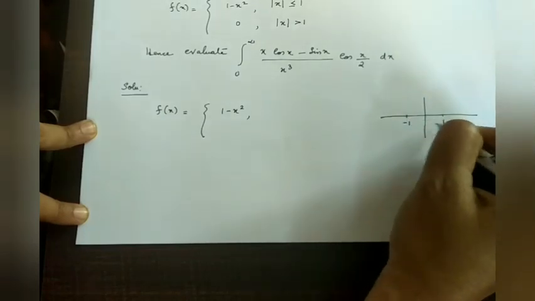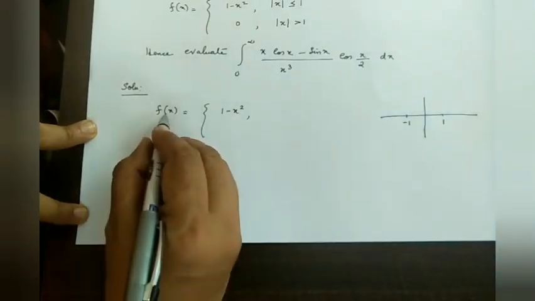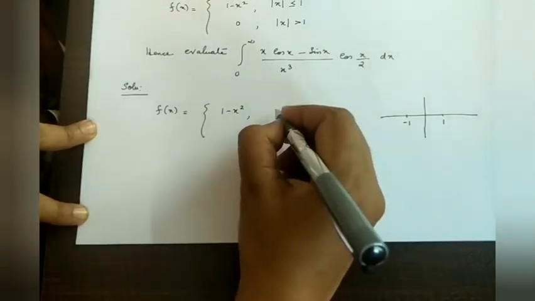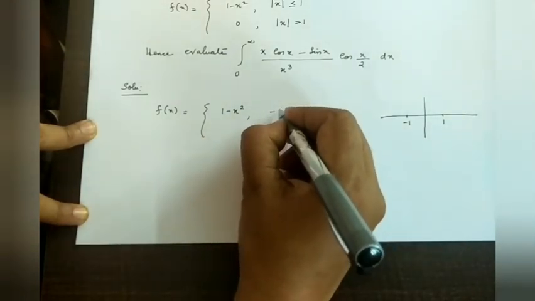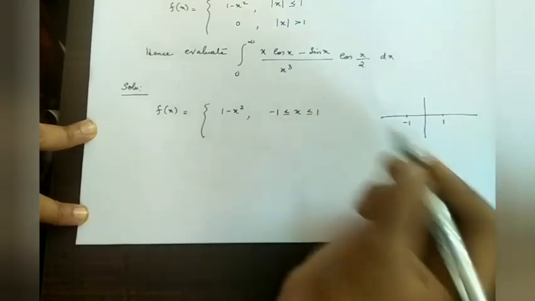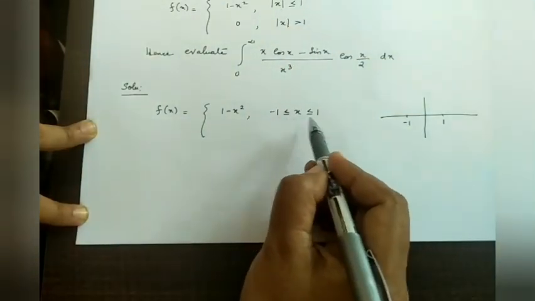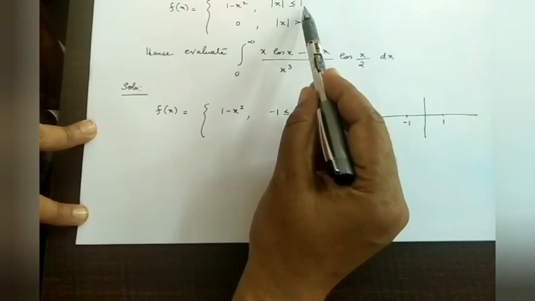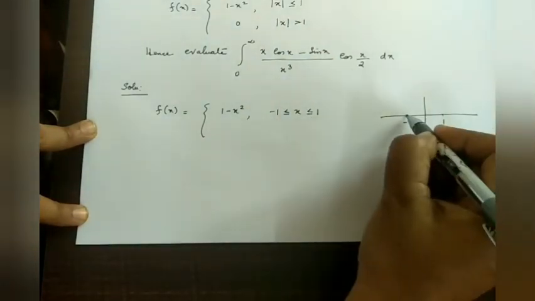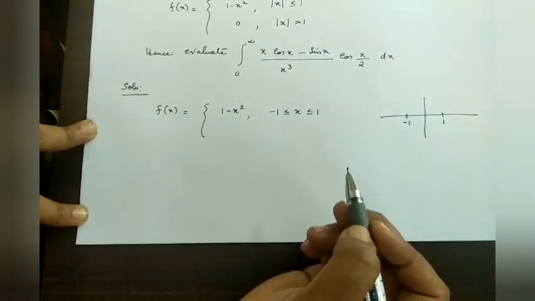Then the value of x lies in between minus 1 to 1, and the value of the function f(x) is equal to 1 minus x². Here |x| less than or equal to 1 can be written as minus 1 ≤ x ≤ 1. If it is |x| less than 1, we can write minus 1 < x < 1. Here it is equal to, so minus 1 ≤ x ≤ 1. At minus 1 and 1 also, the value of the function is 1 minus x².